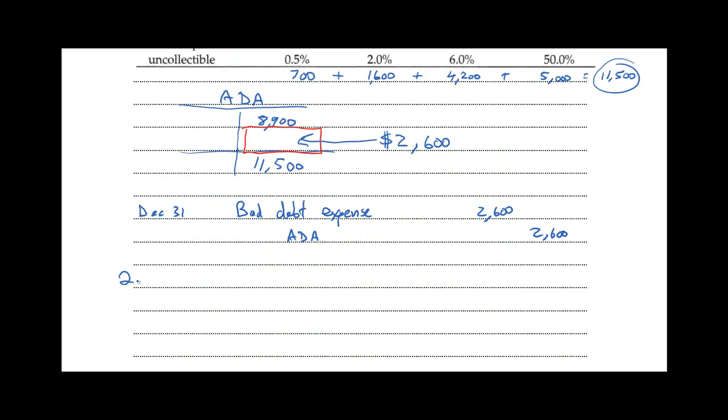Requirement number 2 is show how they will report accounts receivable on its balance sheet. Okay, well, so balance sheet, assets, current assets, right? So under the heading of current assets, we'd have cash of whatever.